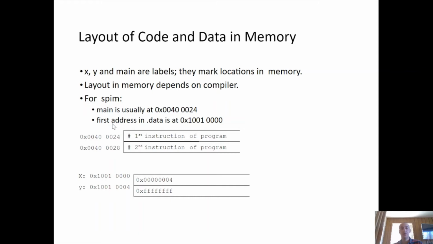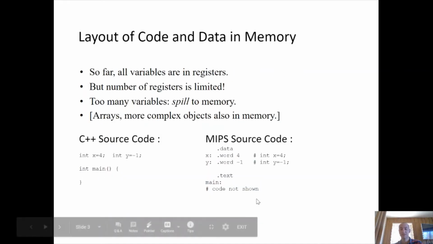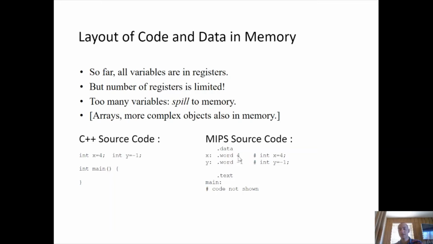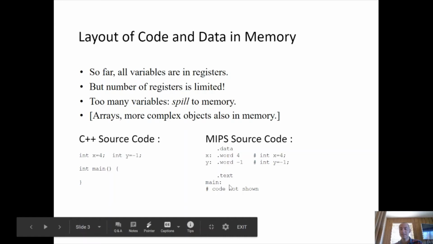There are two parts that we're going to look at: the text section and the data section. The data section, we said, is kind of variables. You can put strings, numbers, arrays, and all sorts of data that you want to keep. The text was your code. Both of these are going to be stored into memory.